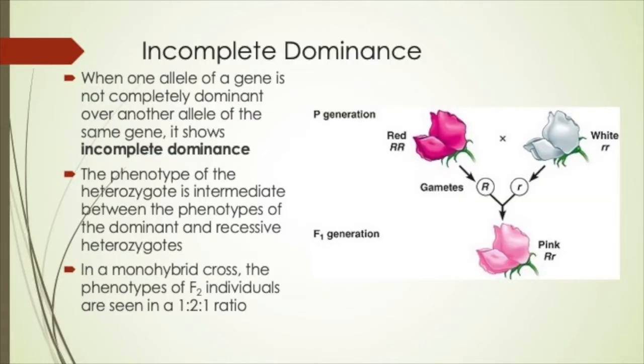All right, incomplete dominance. This is when one allele of a gene is not completely dominant over the other allele, so the phenotype of the heterozygote is intermediate between the phenotypes of the homozygotes. In a monohybrid cross between the F2 individuals, you have a 1 to 2 to 1 ratio: homozygous dominant, heterozygous, and homozygous recessive.